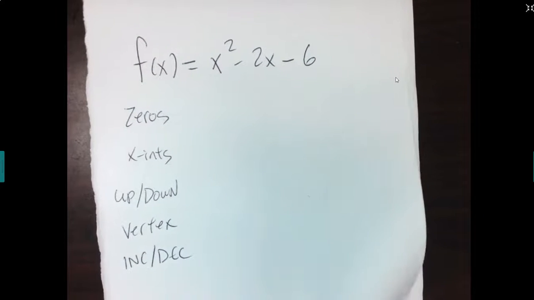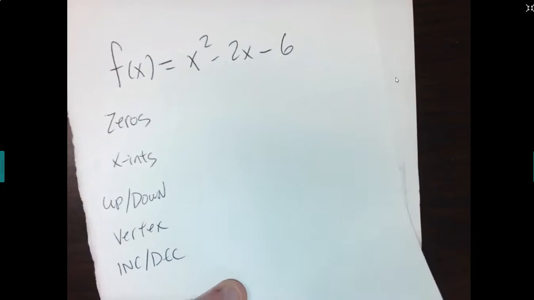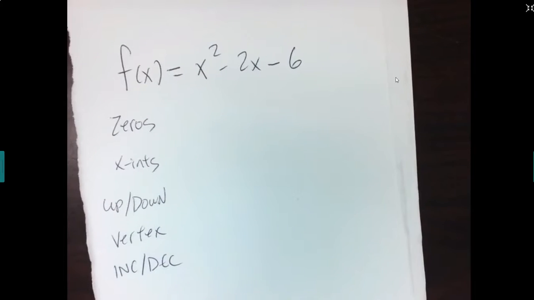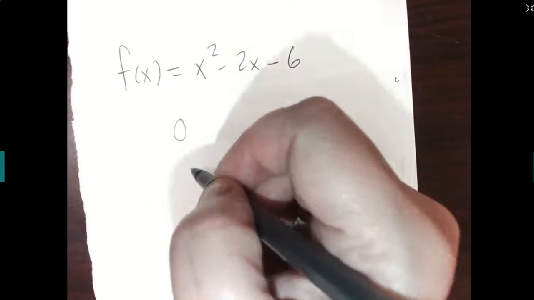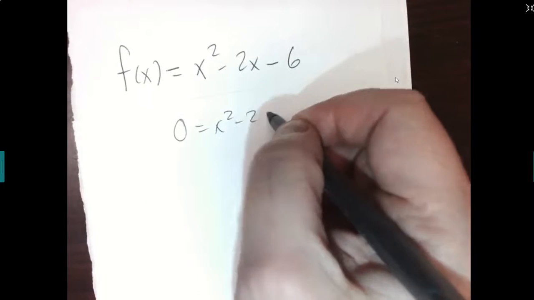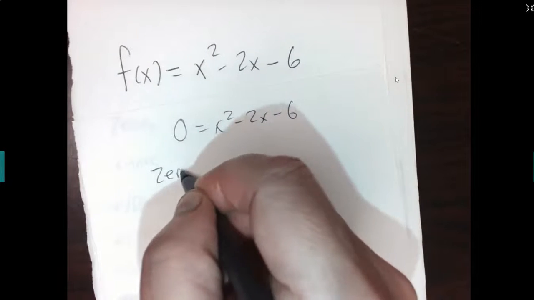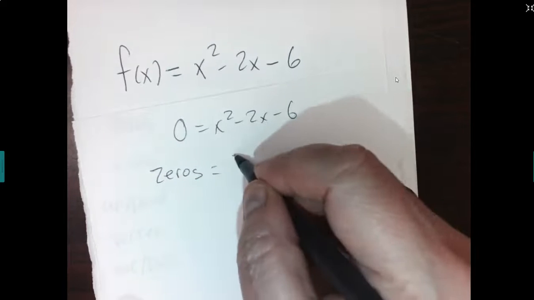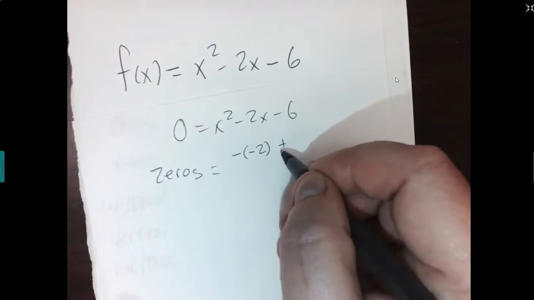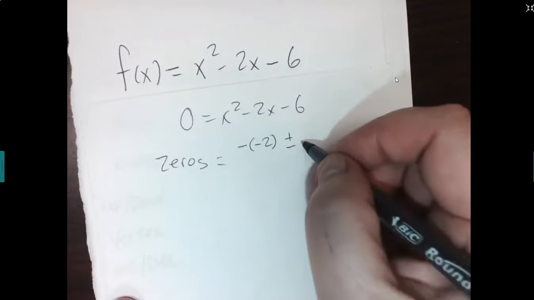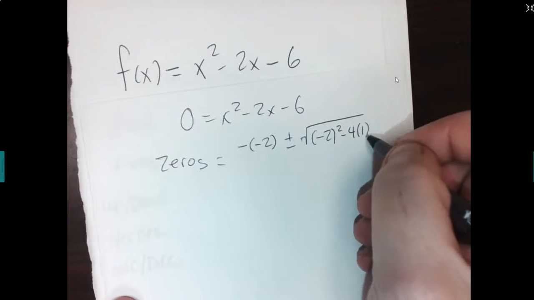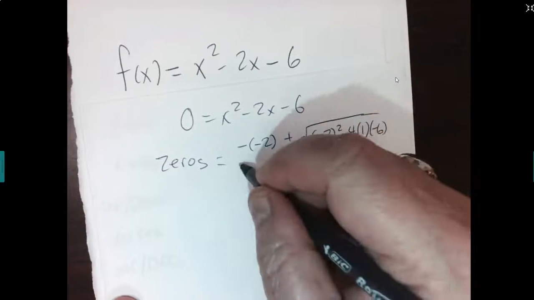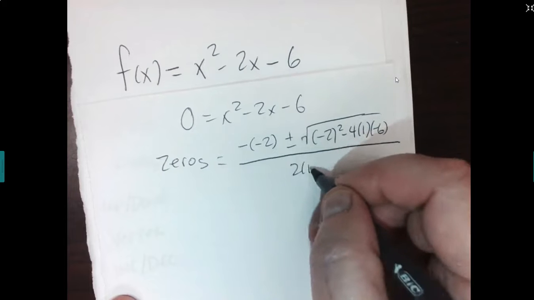So if I use the quadratic formula, to solve this, zeros are going to be -b plus or minus the square root of b squared minus 4 times a times c, all over 2 times a.